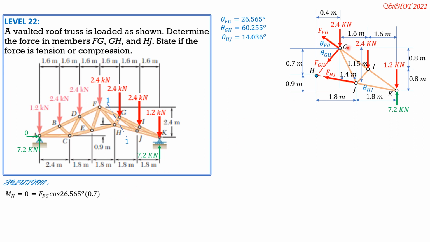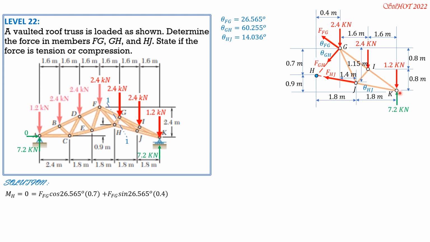The vertical component of FFG is upward, and it is also counterclockwise about H. So plus FFG sine of 26.565 degrees, the vertical component, times moment arm 0.4, this 0.4 here.